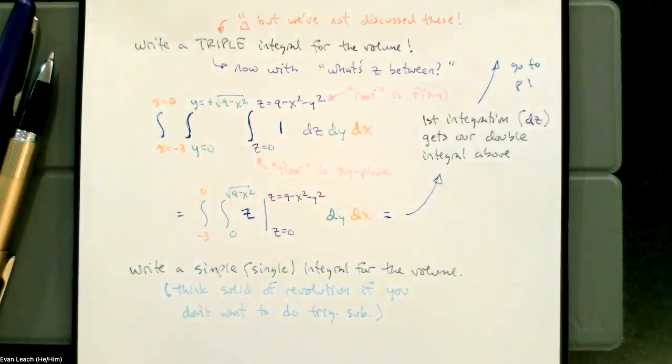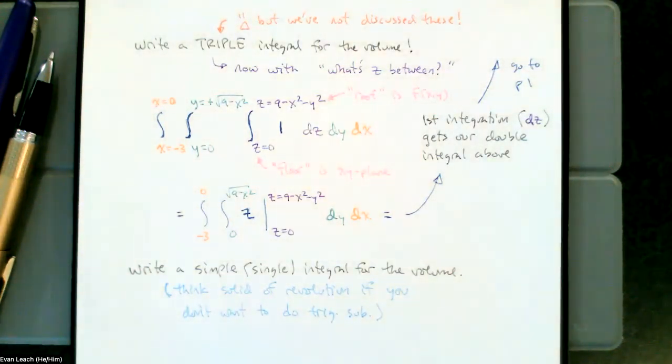You might want to avoid the trigonometric substitution, so you could try doing a solid of revolution. That's what's going to happen if you do the trig substitution anyway.